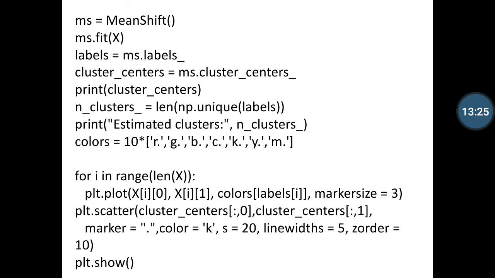And then I define the plt.scatter method. In this method I use the cluster_centers variable, with the values [:, 0] and cluster_centers[:, 1], and then define marker equal to a dot in quotes, and then color equal to k, s equal to 20, linewidth equal to 5, and zorder equal to 10.